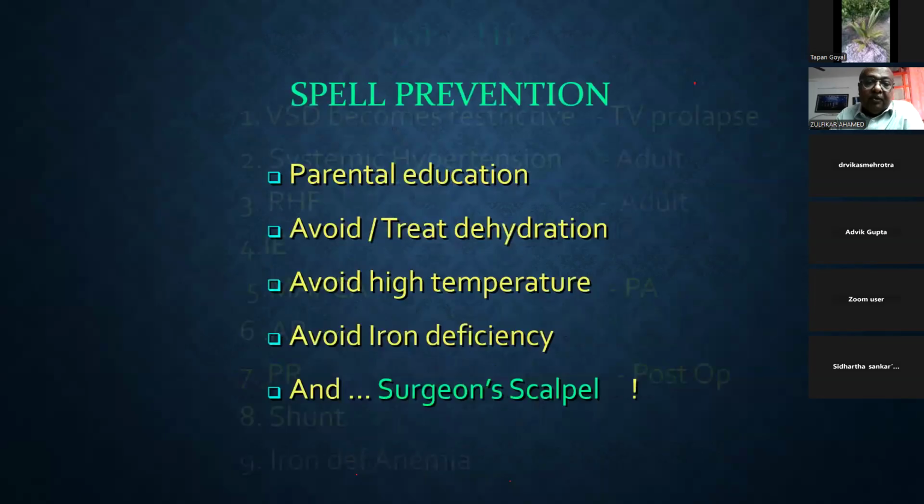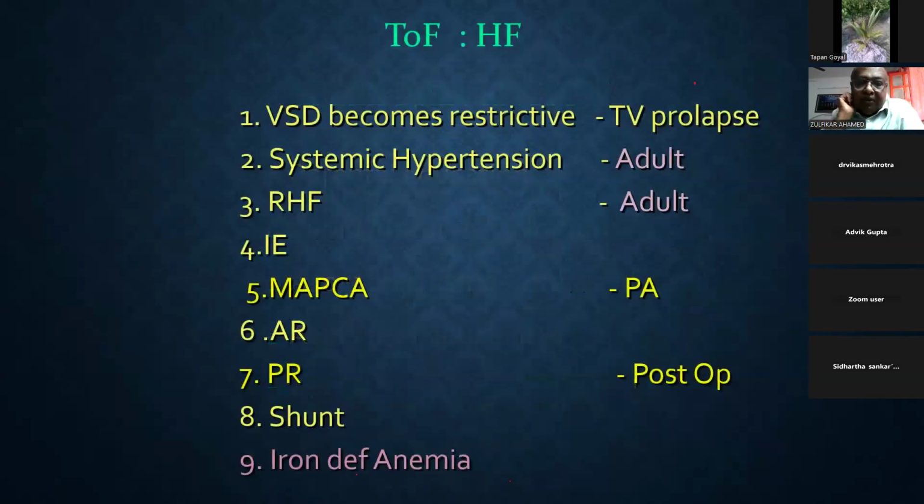Then we come to the very important question asked in the examination, that is, when does tetralogy develop a heart failure, which is very unusual. So usually in pediatrics, it develops heart failure when the VSD becomes small because of the tricuspid valve prolapse, which is very rare.